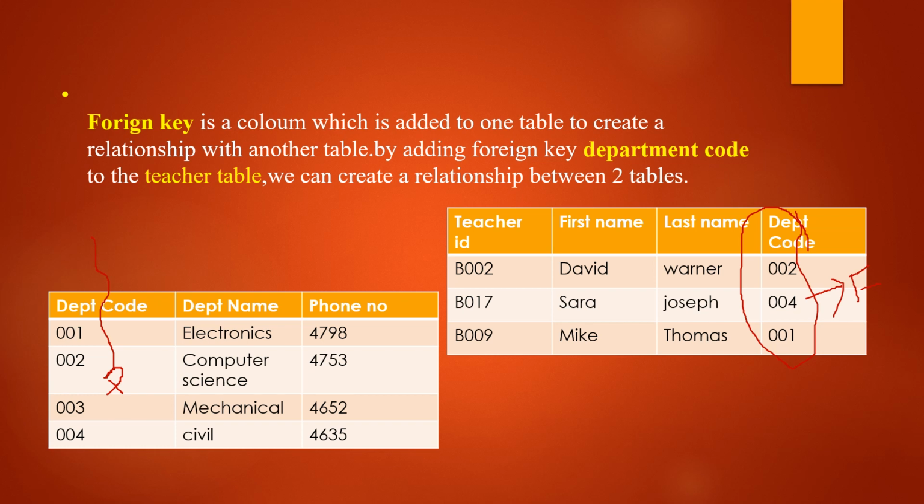In the teacher table, this department code is known as the foreign key, and in the department table, this department code is known as the primary key. This is the primary key of the department table and this is the foreign key of the teacher table. The foreign key of the teacher table refers to the primary key of the department table. Because of that we can create the relationship between two tables.